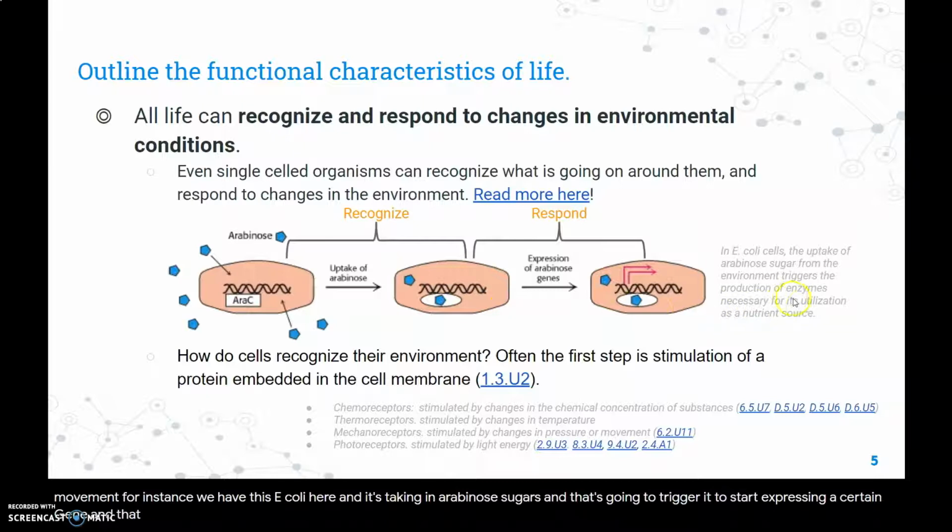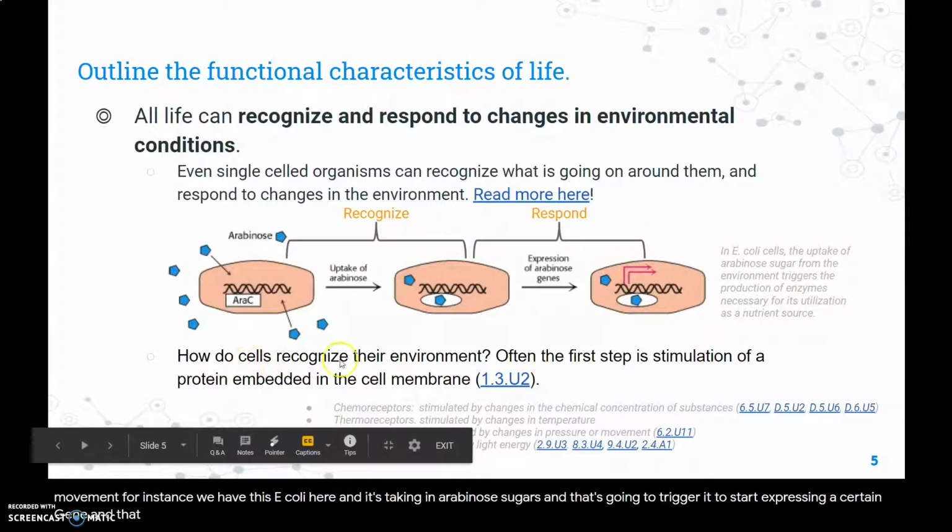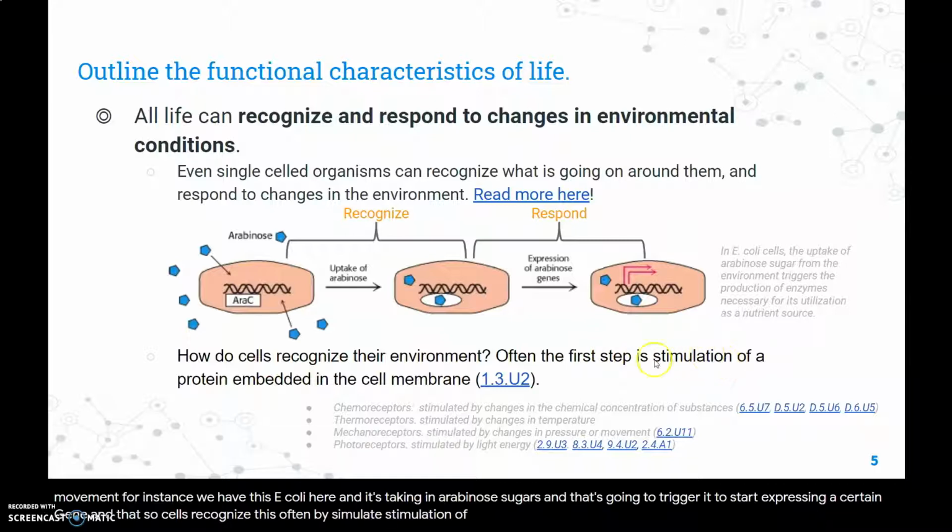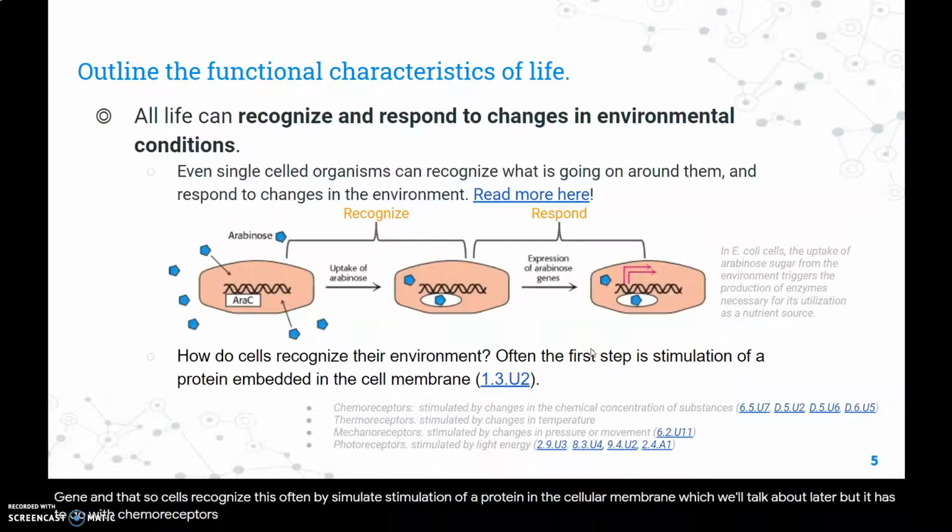And that has to do with nutrients. So cells recognize this often by stimulation of a protein in the cellular membrane, which we'll talk about later, but it has to do with chemoreceptors, thermoreceptors, mechanoreceptors, and photoreceptors. So the example I gave about me going inside is an example of thermoreceptors.